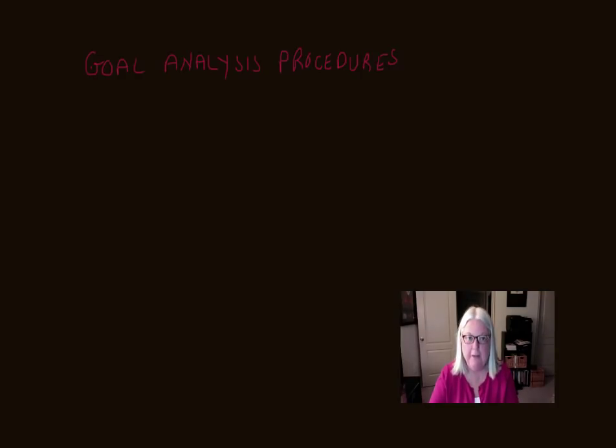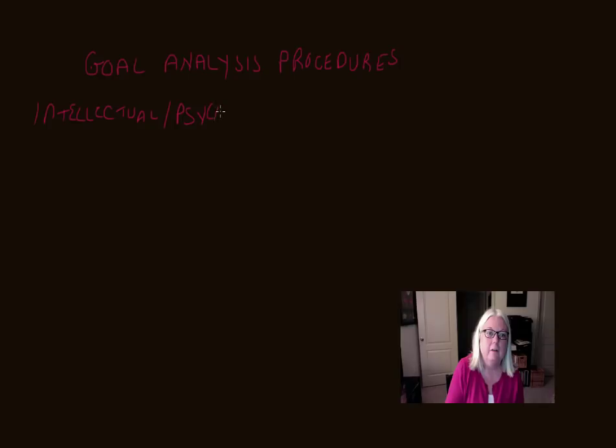After we identify the domain of the goal and classify it, it's necessary to be more specific in indicating what the learner will be doing when performing the goal. Okay, and there's a couple ways to do this, and the book has some great examples. But if we look at intellectual or psychomotor goals, it depends what your goal is classified as far as how you map it out.